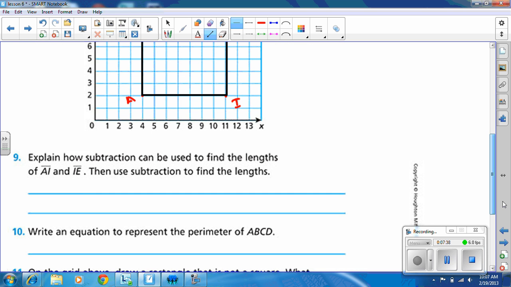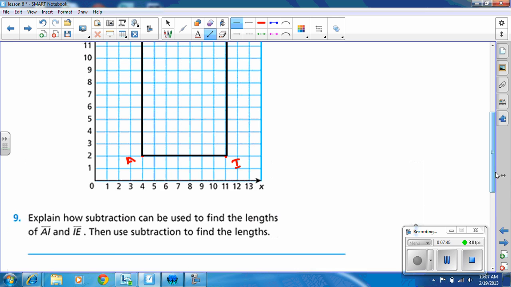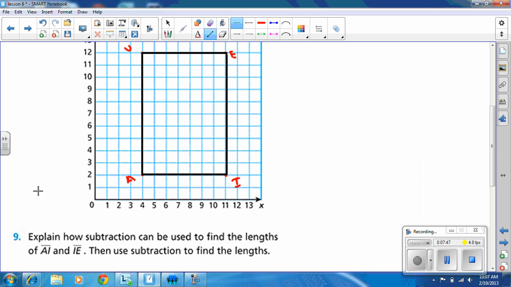Okay, so that's what your shape should end up looking like. So explain how subtraction can be used to find the length of AI and IE. Then use subtraction to find those lengths. Well, because it doesn't start at 0, that's where that subtraction comes into play, right? You've got 12 minus 2 would give you the length of UA. Well, I need the length of AI and EI. Well, EI would be the same, right? To find EI, I'm going to take 12 and subtract 2.